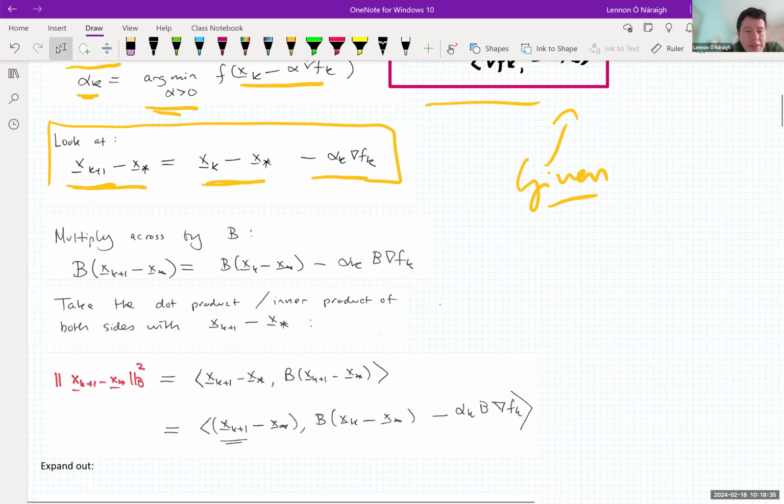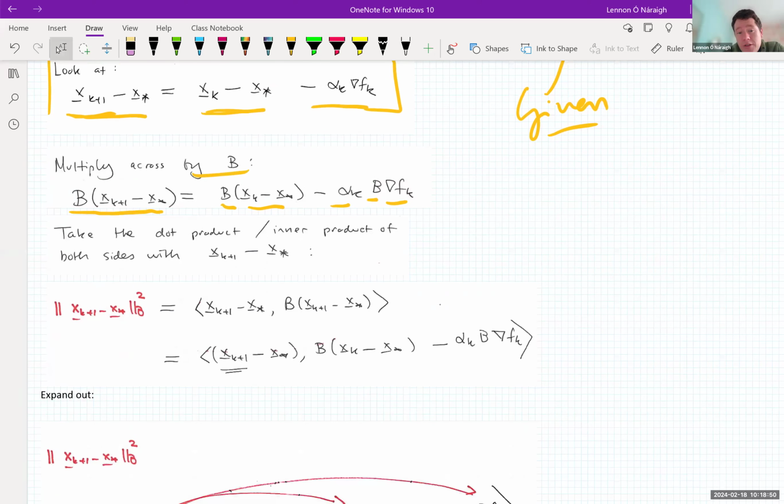And we multiply this expression across by b, so we get b into xk plus 1 minus x star is equal to b into xk minus x star minus alpha k times b grad f. I now take the dot product of both sides with xk plus 1 minus x star. On the left-hand side, it's xk plus 1 minus x star dotted with b into xk plus 1 minus x star.